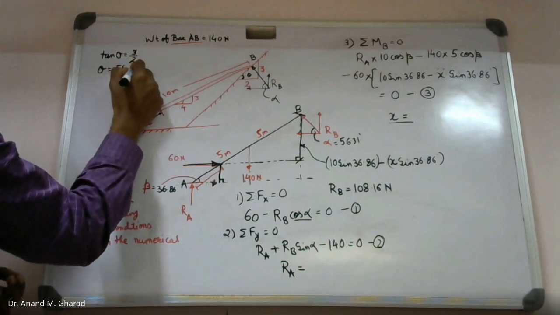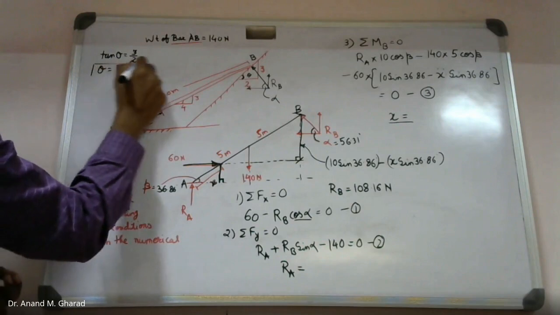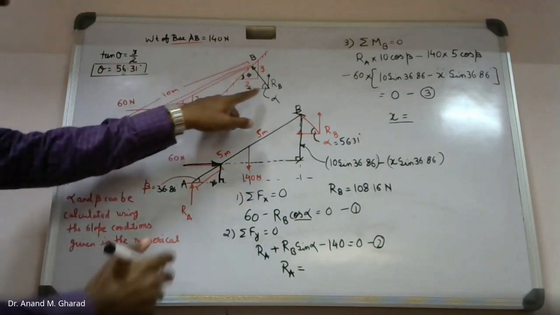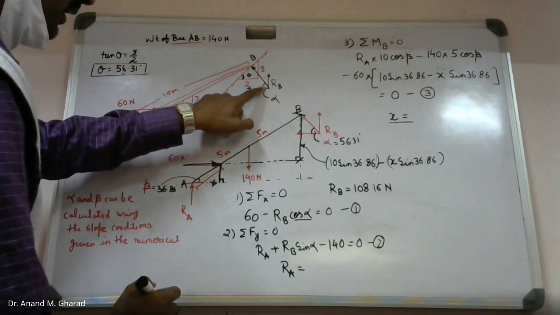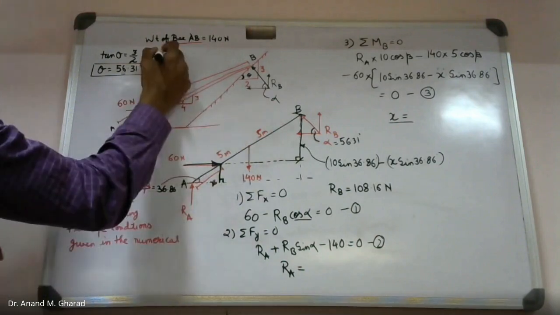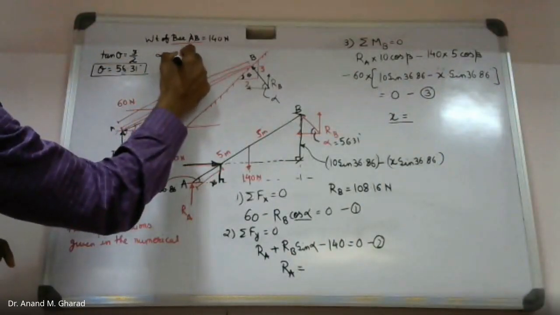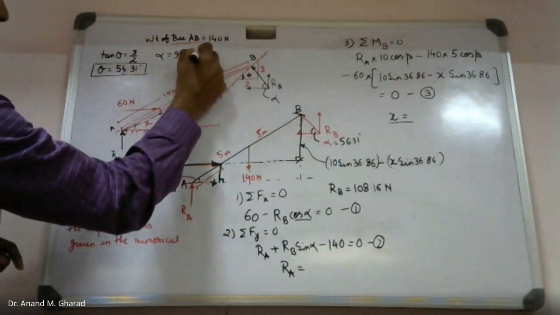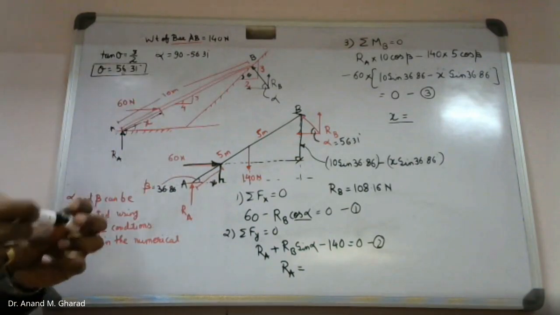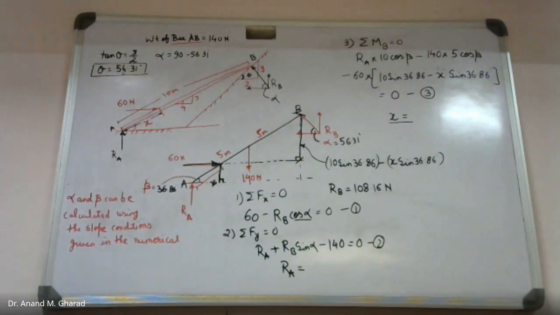Is this what you found? But what I asked you was to calculate this alpha angle. This alpha angle will be nothing but 90 minus 56.31. Got it? How much does it come to?